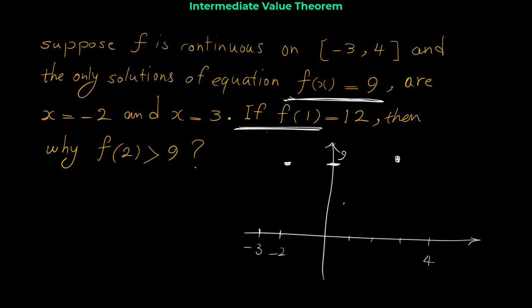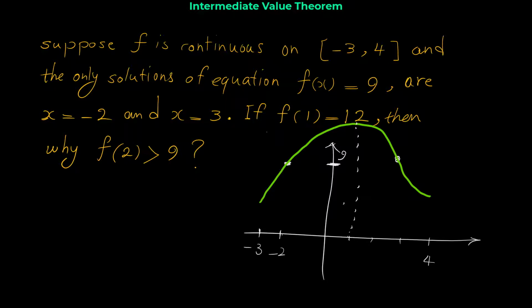So we can suppose our graph to be something like this. Now for this graph, f of 1 is 12. So this new graph for f satisfies that condition. f of 1 is something like 12, and f of x equals 9 has only two solutions at -2 and 3.